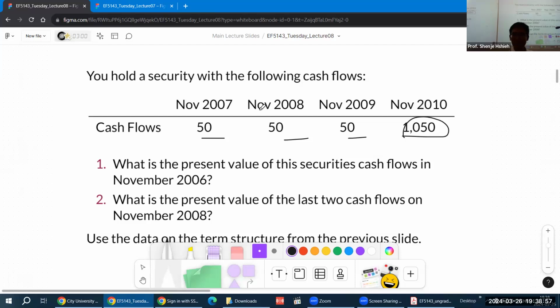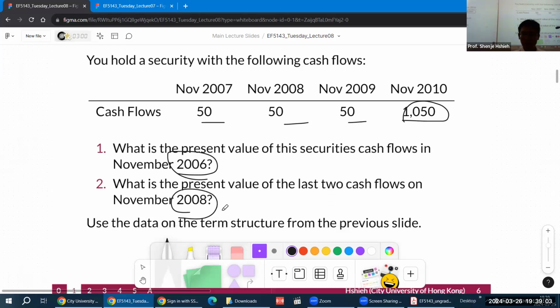I asked you to price the security if we are in 2006, and then price the security if we are in 2008. The way to do this, of course, is to use the term structure depending on where you are. If we are in November 2006, we will use the November 2006 term structure to price each of these cash flows 1 year out, 2 years out, 3 years out, and 4 years out.